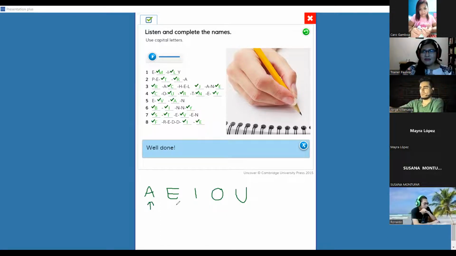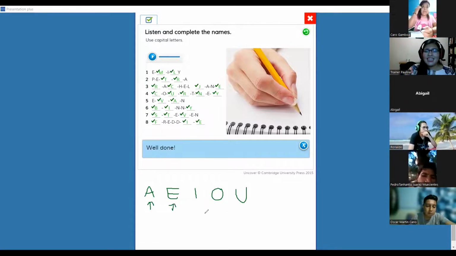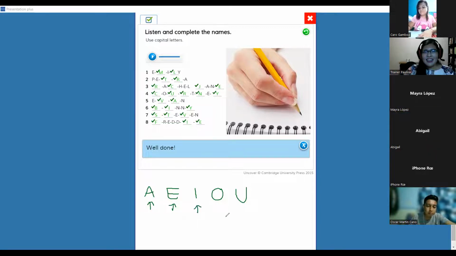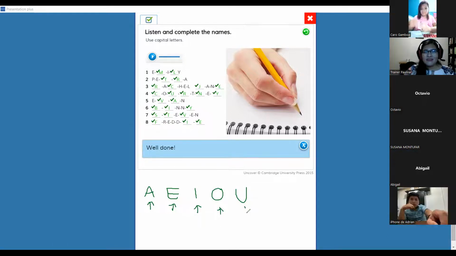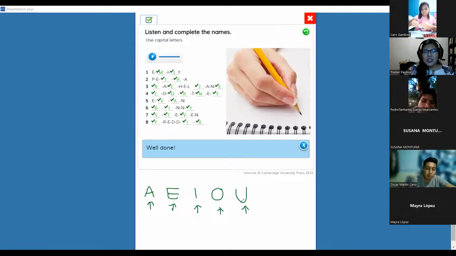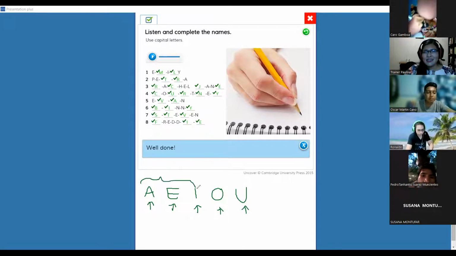A, A, A. E, E. I, I. O, O, U, U. Estas tres son las que me dan lata. Entonces, ¿qué pasa? Si yo ya sé que me dan lata, ya sé que esto es lo que tengo que estudiar. ¿Yes?